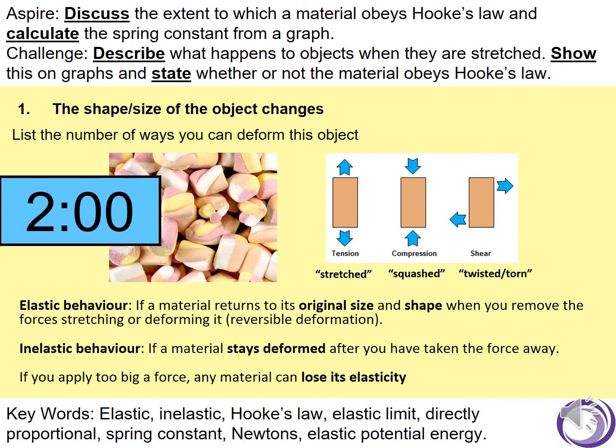And then we need to understand what elastic and inelastic behavior means. Now, those sentences are quite long, but I'm sure that you could shorten those very much if you tried and read them properly. So elastic behavior returns to its original size and shape. Inelastic behavior, it stays deformed. Even an elastic material eventually will lose its elasticity.